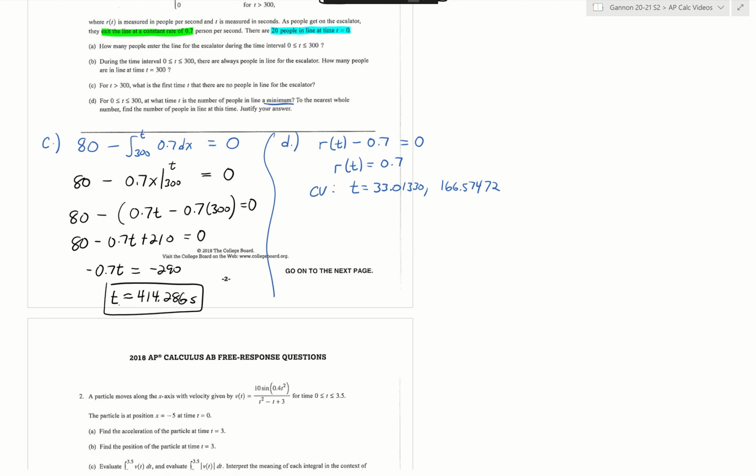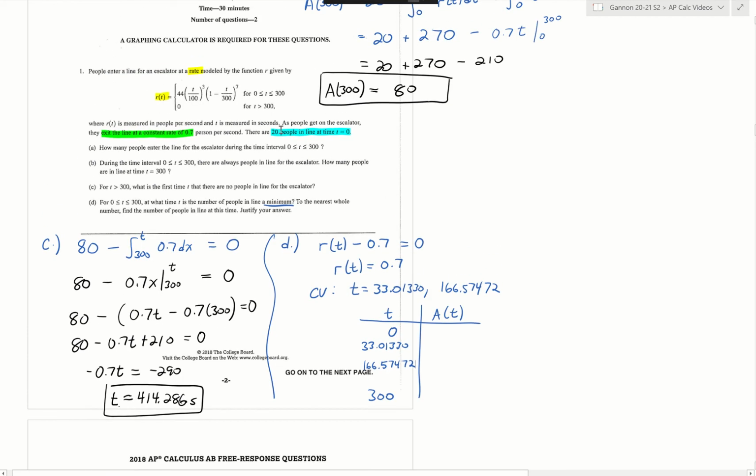So now what we need to do is basically find the number of people in line at the endpoints, which is 0 and 300, and then also at the critical values, which is 33.01330 and 166.57472. Some of these we have already found, so you don't need to do the work twice.